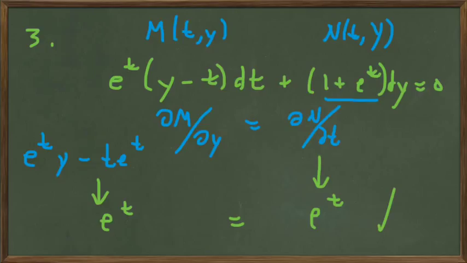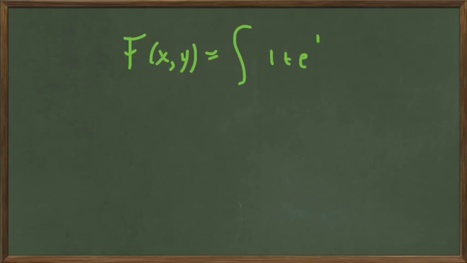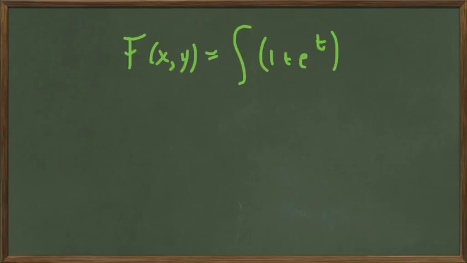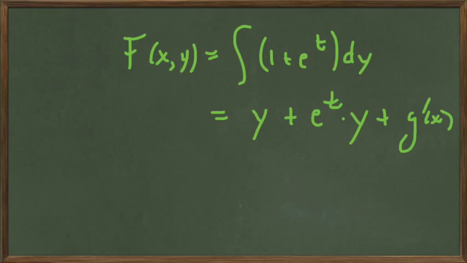So the f of x, y, isn't it easier to work with the n again? So f of x, y is going to be the integral of 1 plus e to the t with respect to the variable here, the dy, and so what does that give us? Everything that's not y is treated like it's constant, so the 1 goes to y. The e to the t is a constant, and it's multiplied by the antiderivative 1, which is y, and then it's plus g of x.